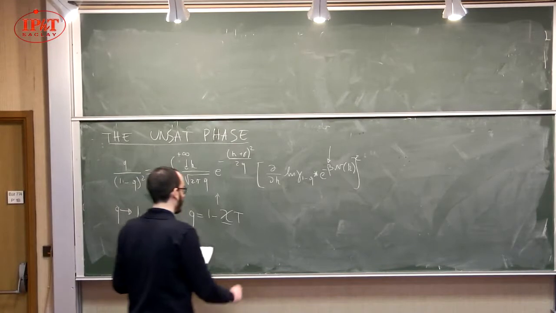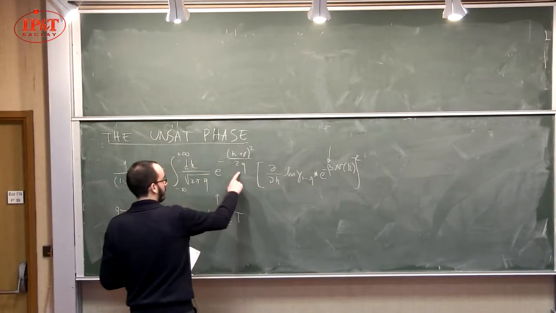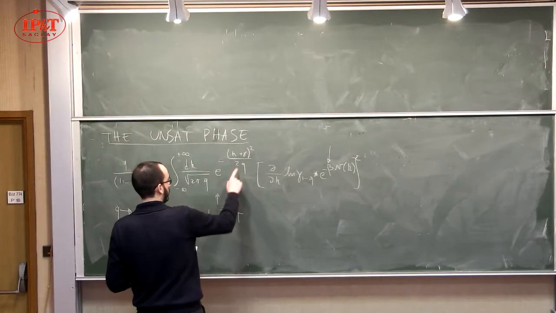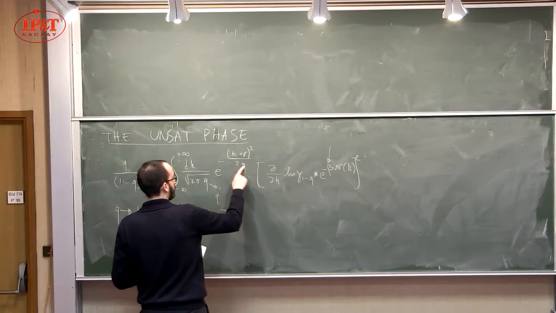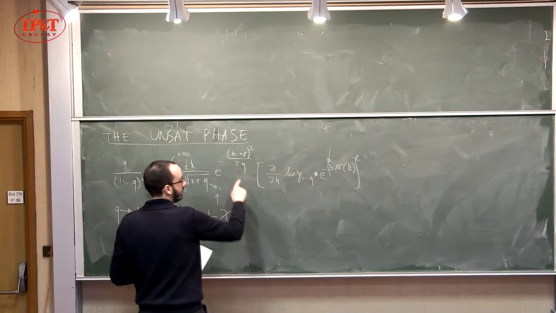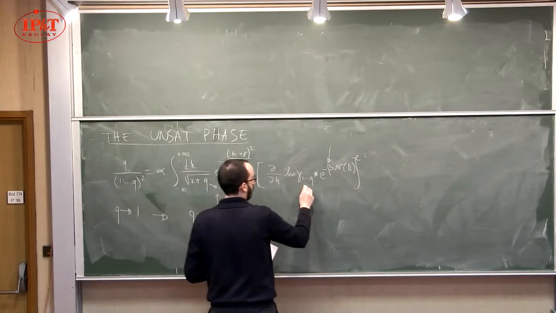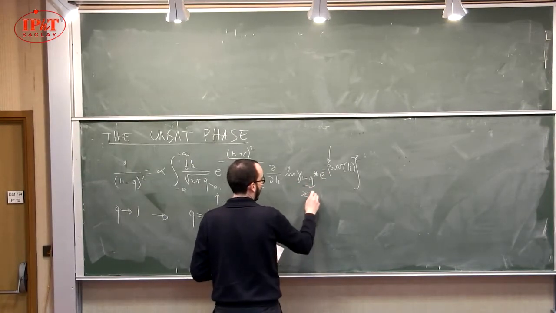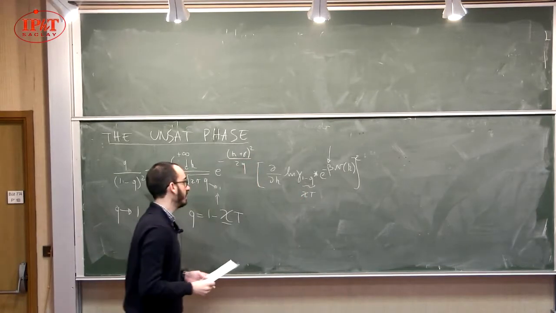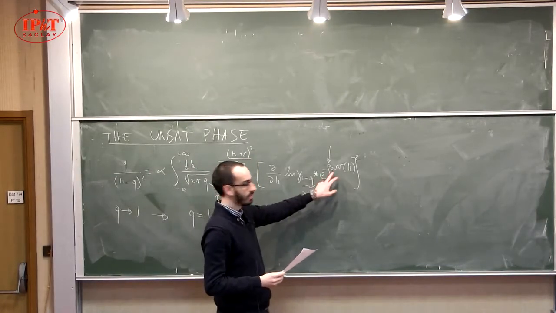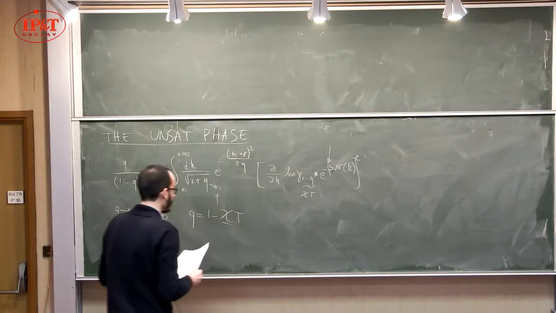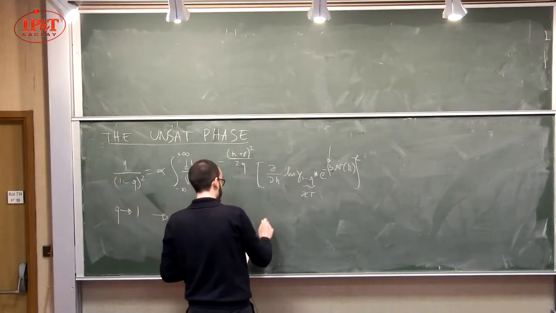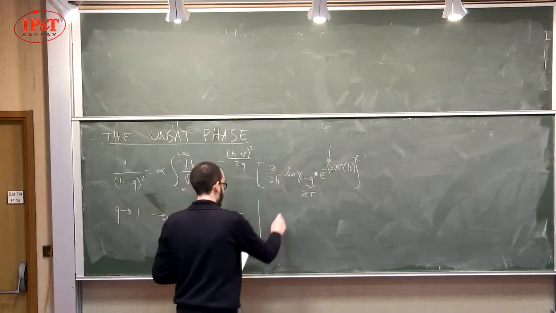This is a simple exercise, because what you have to do here, so this thing goes to 1, right? And this to q going to 1. And then here you see that you have 1 minus q, that is chi times T. And here you have 1 over T. So you can compute this convolution using saddle point. So I will not do it, but the resulting equation is this one.